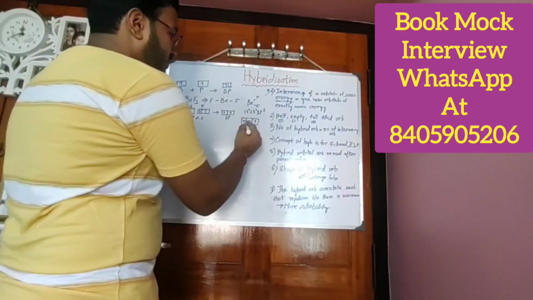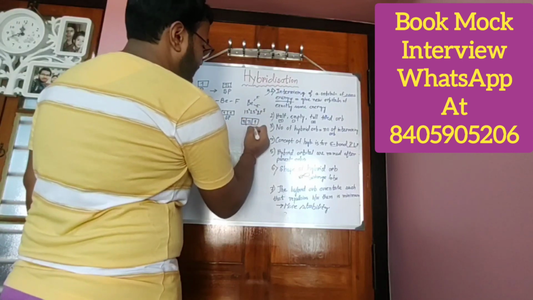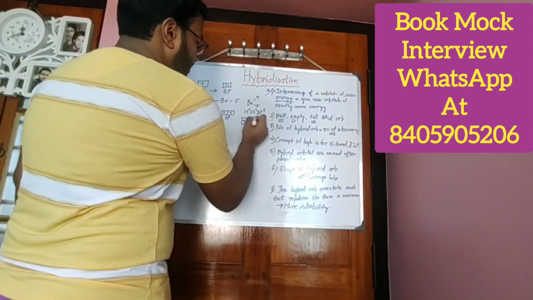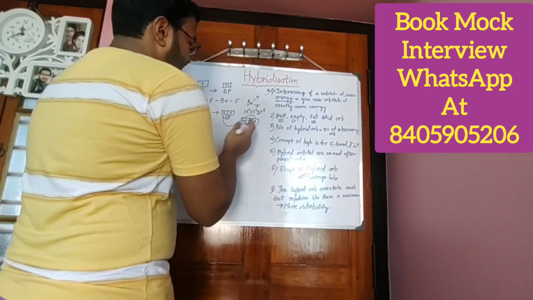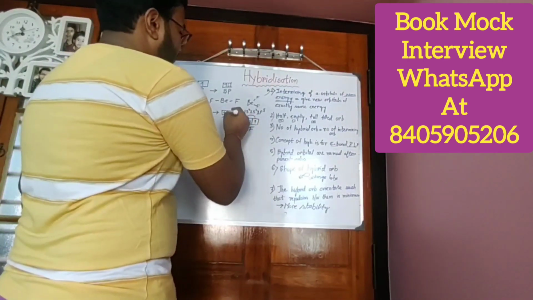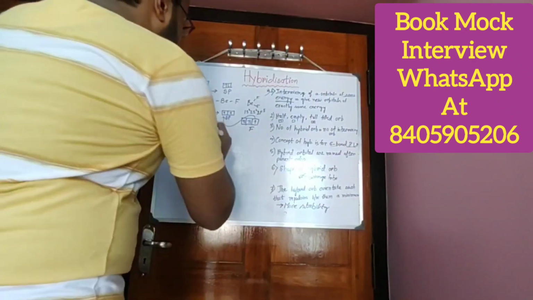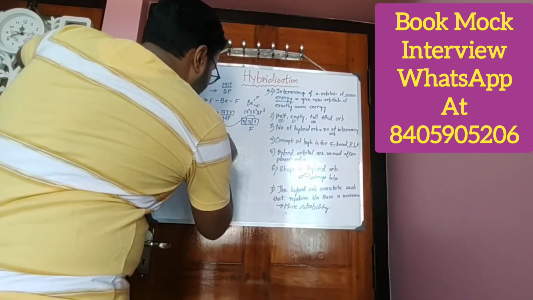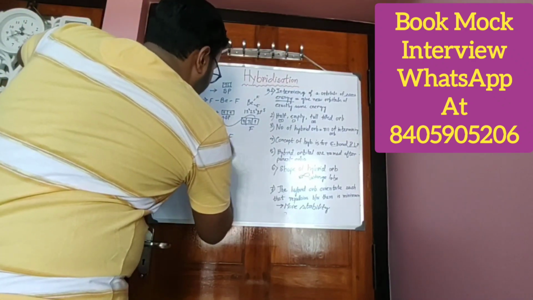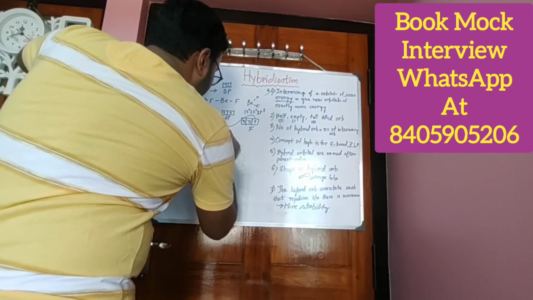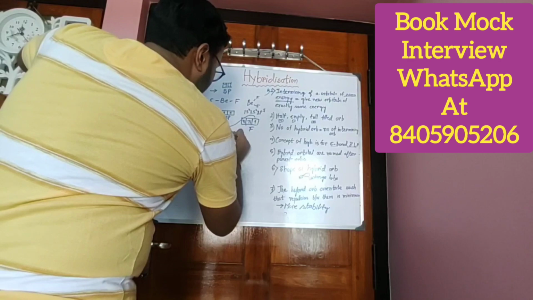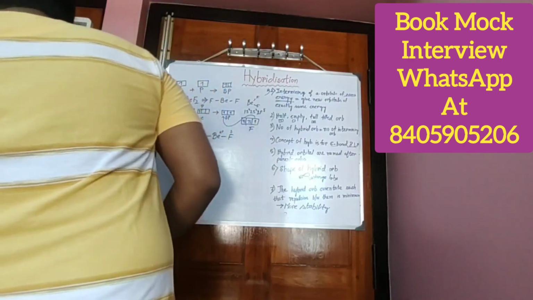And there are 2 fluorine atoms present. So one fluorine atom will make a bond with one sp hybrid orbital, and the other fluorine atom will make a bond with the other sp hybrid orbital, which looks like this, F-Be-F.